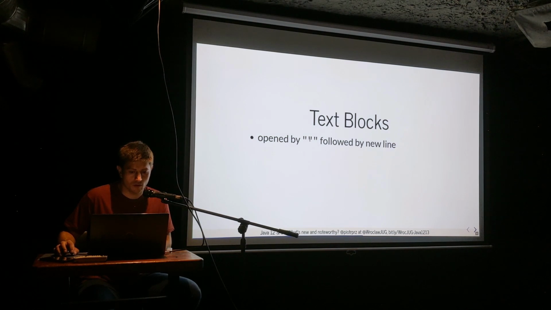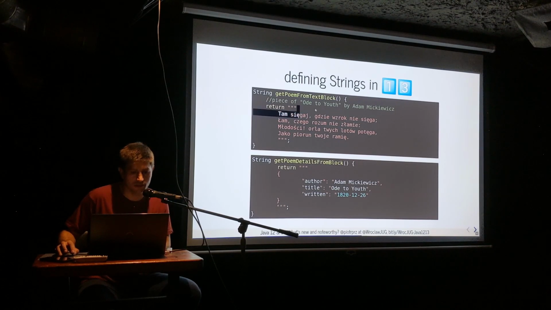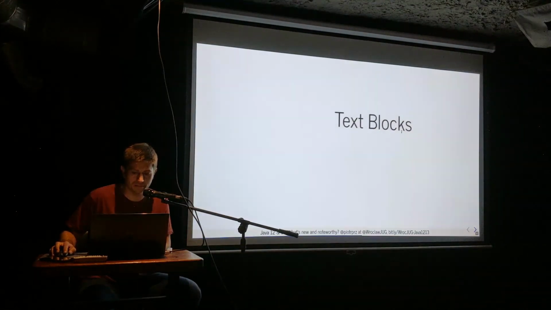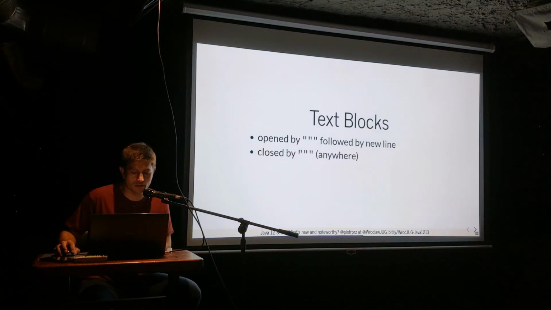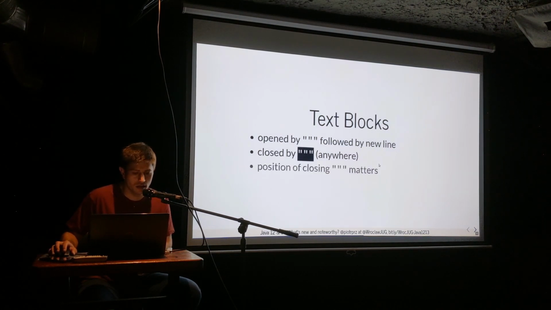So what defines text blocks? You need to open it with 3 quotation marks, and they need to be followed by a new line. See in here, there's a new line. I can't continue writing here. And they also need to be closed by 3 quotation marks somewhere. And the position of this closing quotation mark matters.